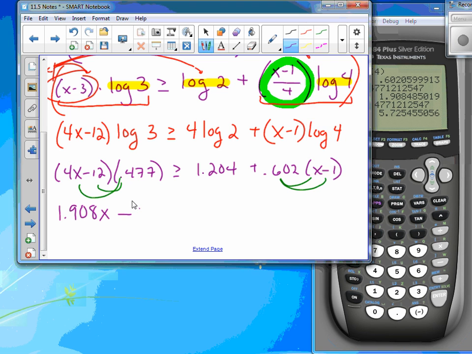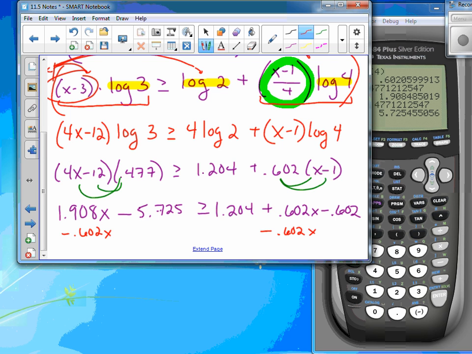It's greater than or equal to 1.204 plus 0.602x minus 0.602. Okay, so first thing we're going to do, get all the x's on the same side. So I'm going to subtract 0.602x.